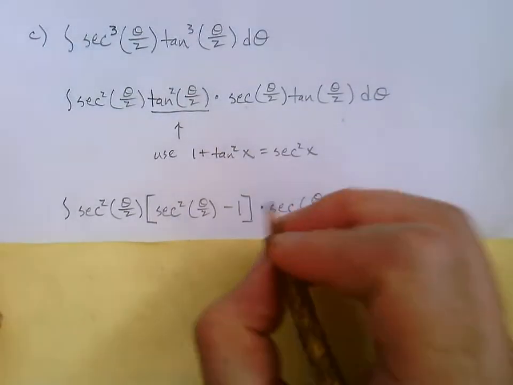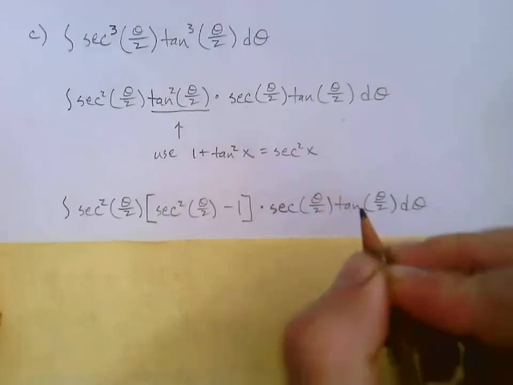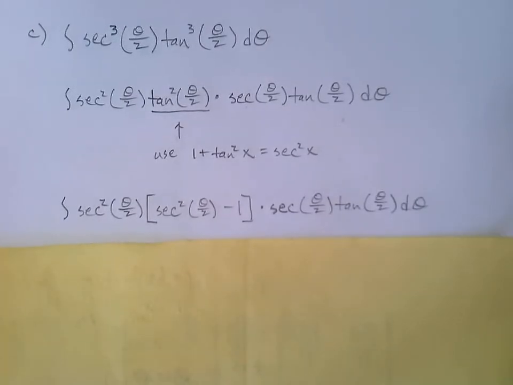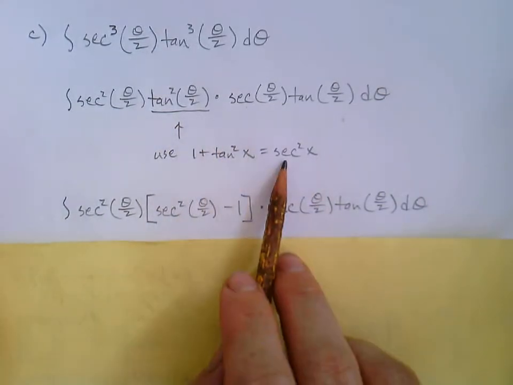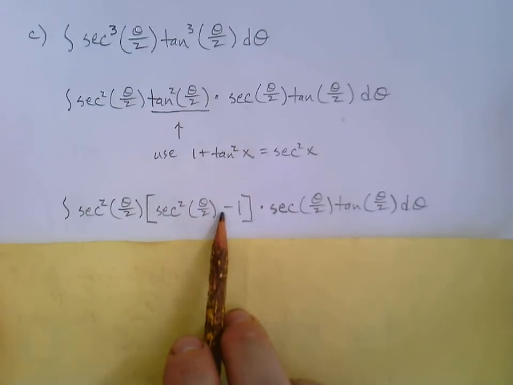Certainly no small amount to be writing down, so maybe copy that and then just look back at what we did. So, right, subtracting the 1, we got secant squared theta over 2 minus 1.